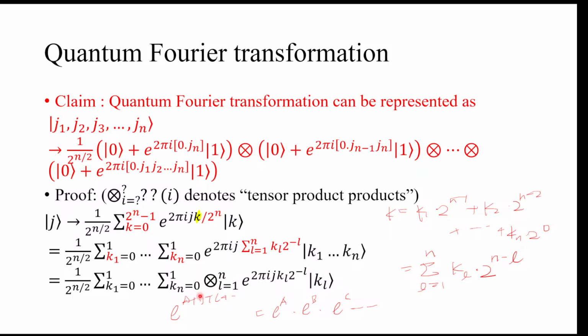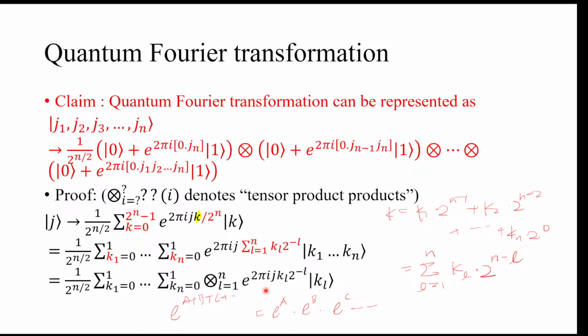Now we have a tensor product of states. Each qubit will be the k_l indicated here, with the phase factor e to the 2 pi j times k_l 2 to the minus l.